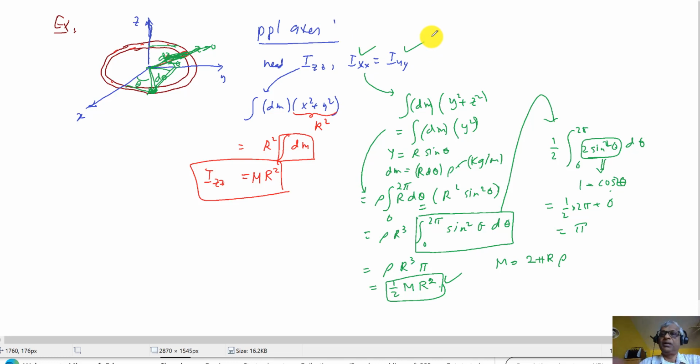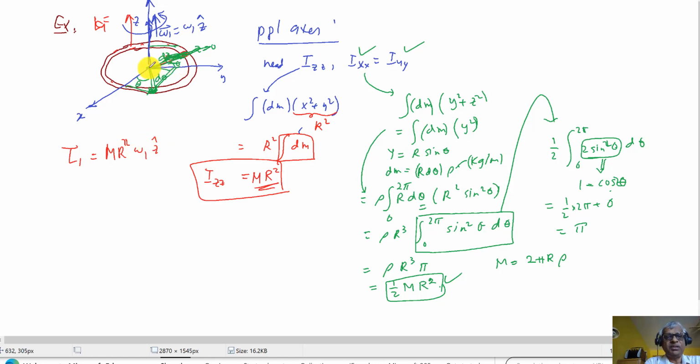So trying to write this, if I rotate about this axis, say omega 1 is omega 1 z hat, then L1 will be m r squared omega 1 z hat.